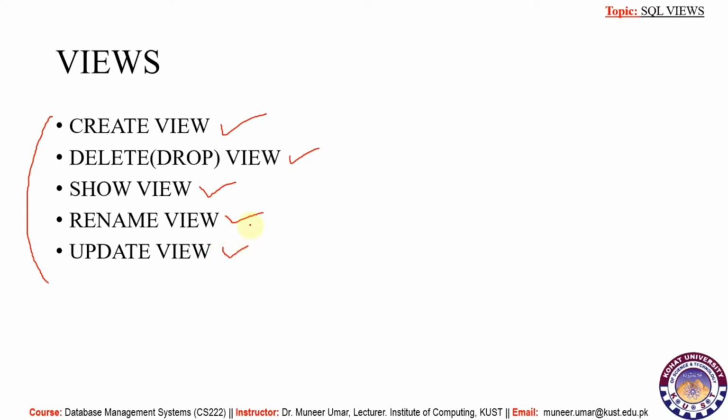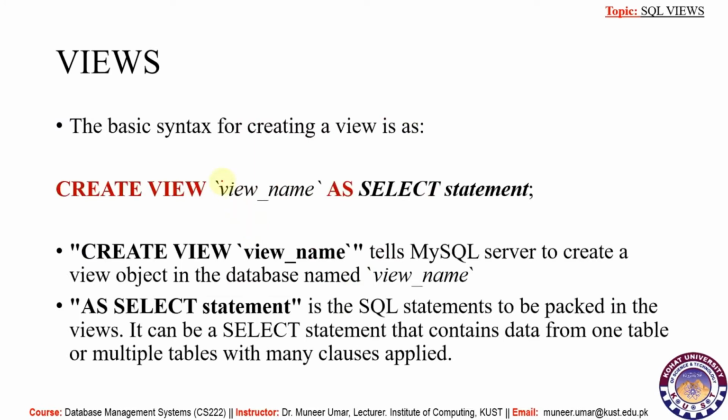A new view can be created by using the create query as we did for creating tables. So we must type create view, then the name of that view, and after that we must supply the select statement, and before the select statement we must type as.